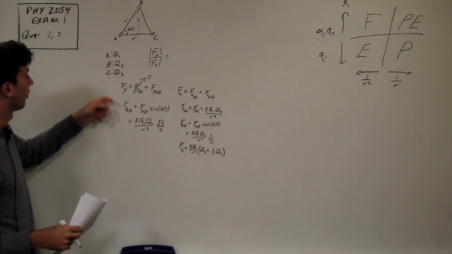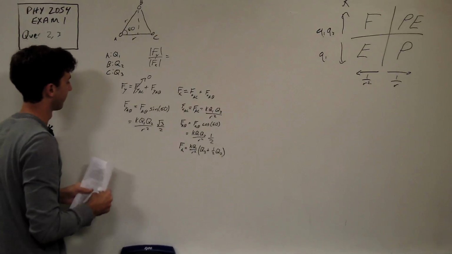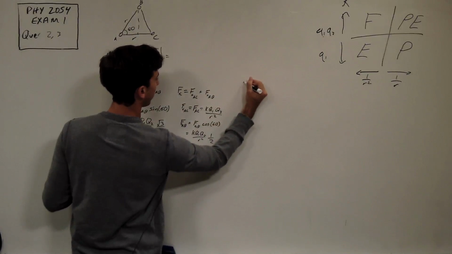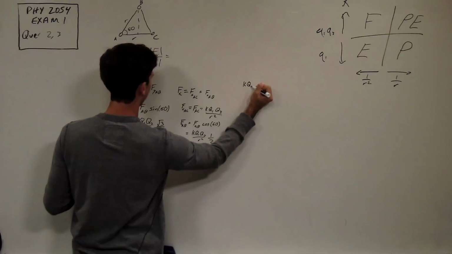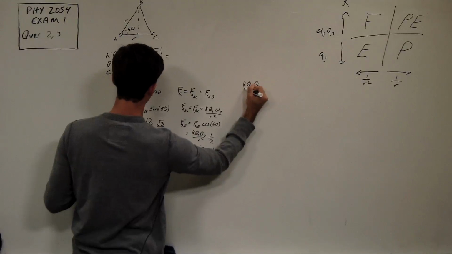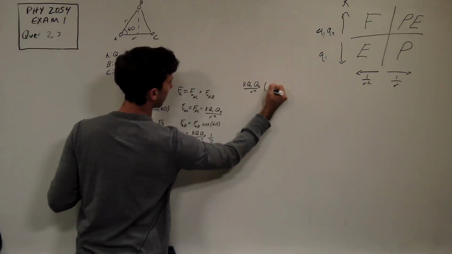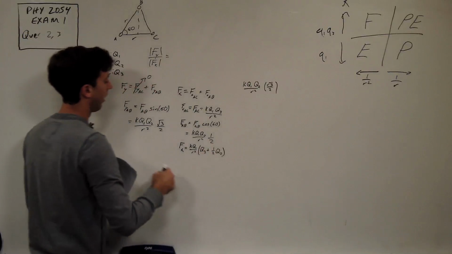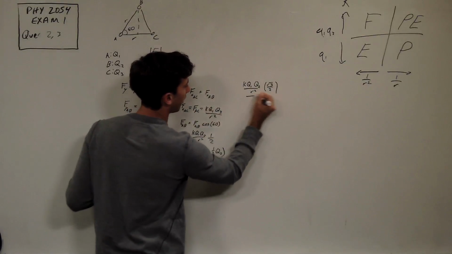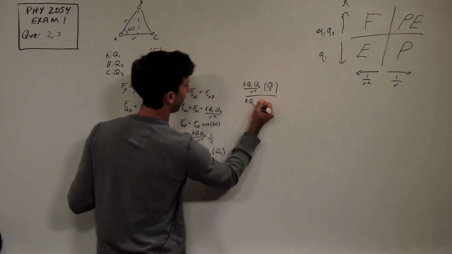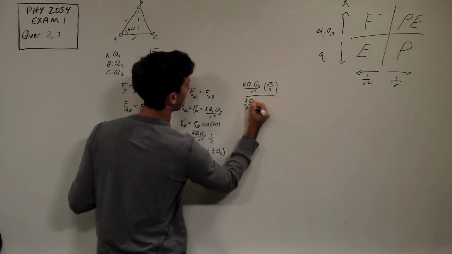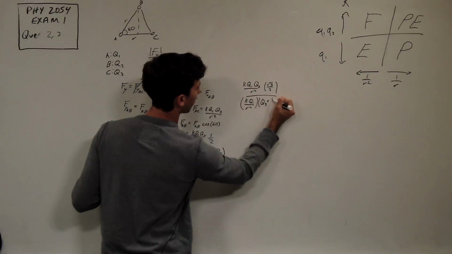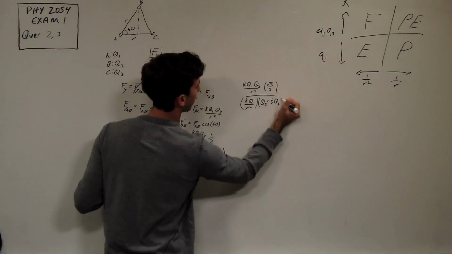Now let's take the ratio of Fy to Fx. Fy is equal to this, which is K Q1 Q2 over r squared times √3/2. And Fx is K Q1 over r squared times Q3 plus 1/2 Q2.